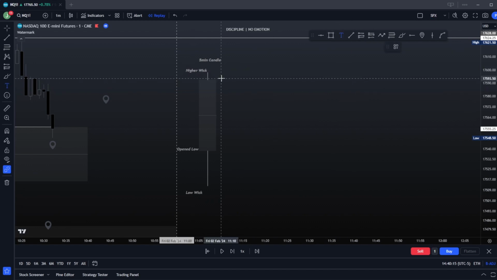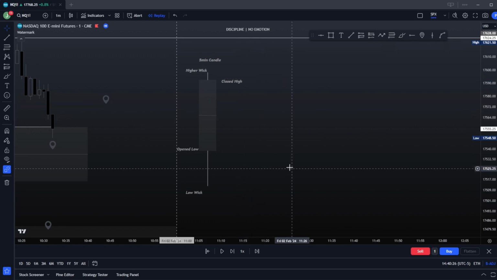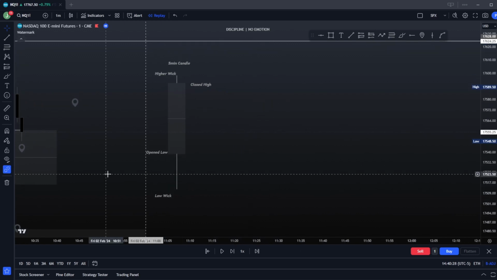And then we have the actual closing of the candle, which we'll call closed high. At face value, it's just a plain old 5-minute continuation candle.